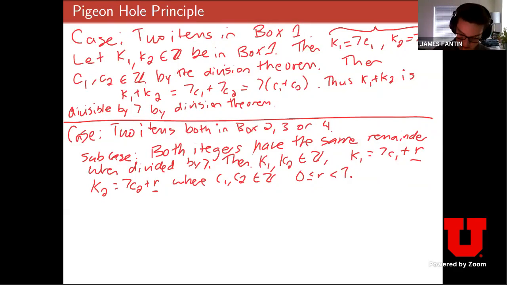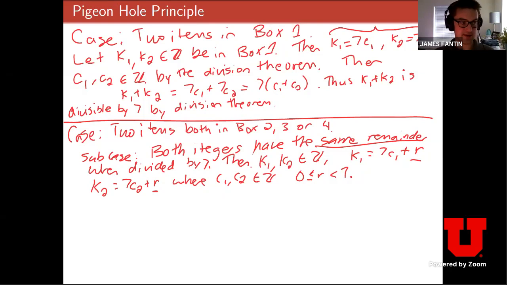Yeah, so in this case, r is any number between 0 and 7, so we're being general. It could be any of the values in box 1 or boxes 2, 3, 4. But like Parker's saying, because in this case I said both integers have the same remainder, we can let r be the same value here.